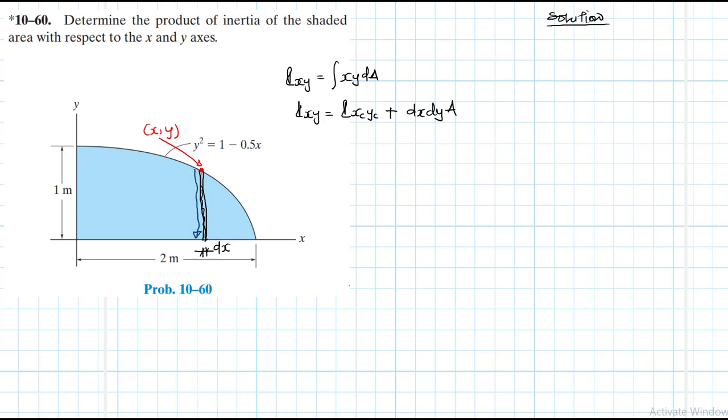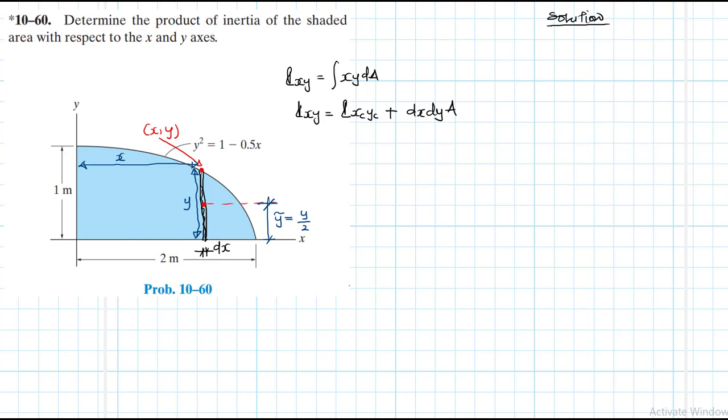So assume this line is straight, this is y, and then you have this value there which is equal to x, and then the centroidal location of this small strip, this one is y tilde, equal to y divided by 2.